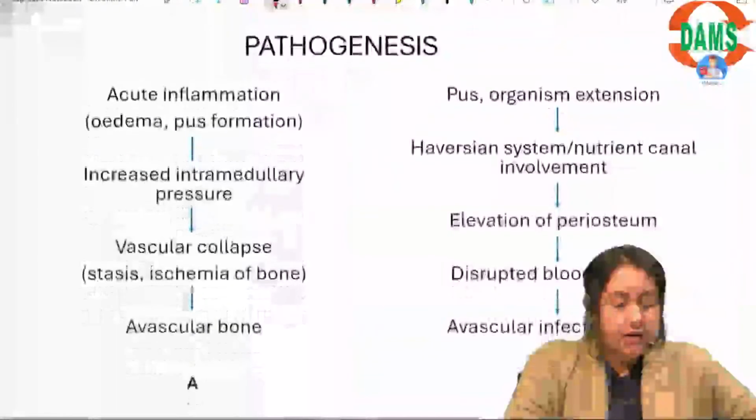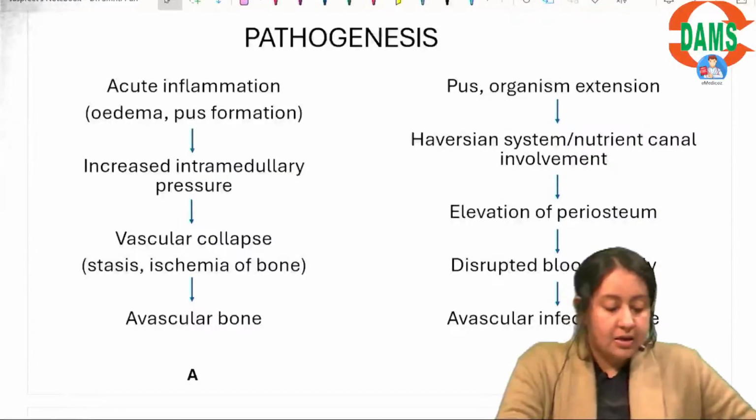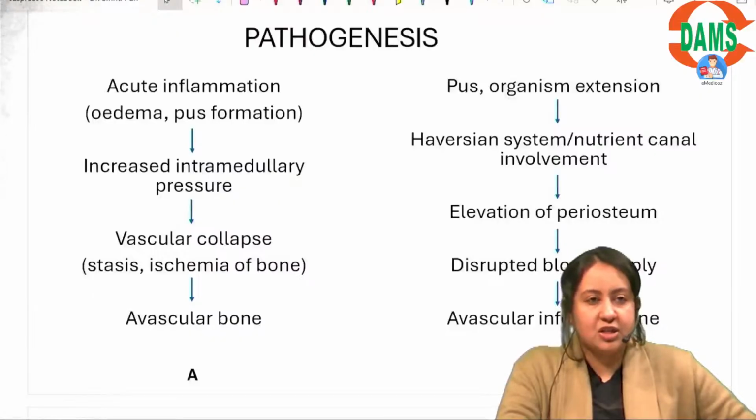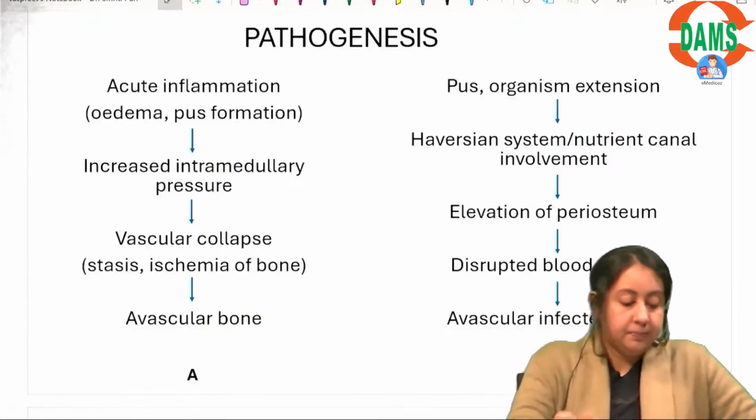Now coming to the pathogenesis. There are basically two types of pathogenesis on how osteomyelitis can develop.